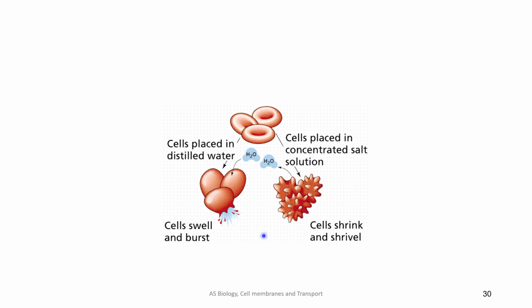So in the water surrounding that red blood cell, there are no salts, no sugars, nothing other than water. So water is going to rush into those cells from the solution it's been put in. That distilled water is going to rush into those cells to try to dilute out those molecules inside the cell. And that could cause the cells to swell and burst. So this is called lysis.